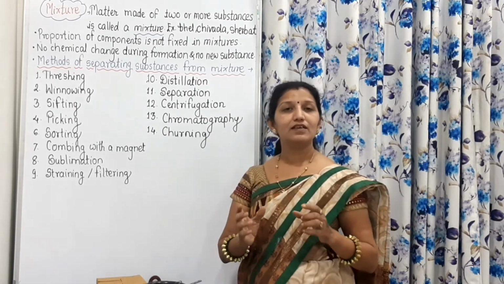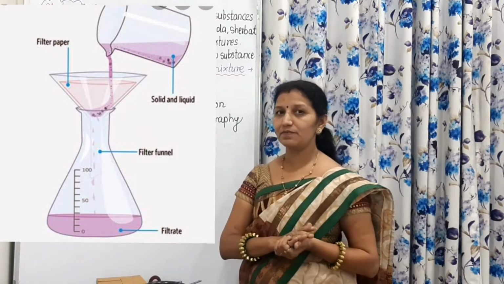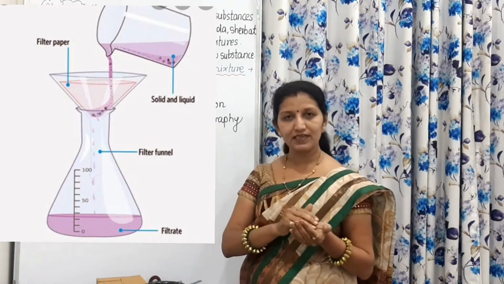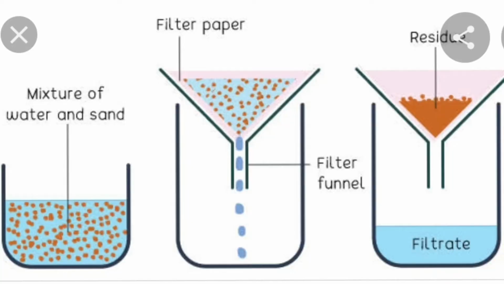Now, filtration can be done to separate the impurities in water also. For that, we have to take filter paper and fold it, taking 3 parts at one side and 1 part at the other side, and place this filter paper into the funnel. Through the funnel we add the liquid that has impurities, and keep a beaker below.